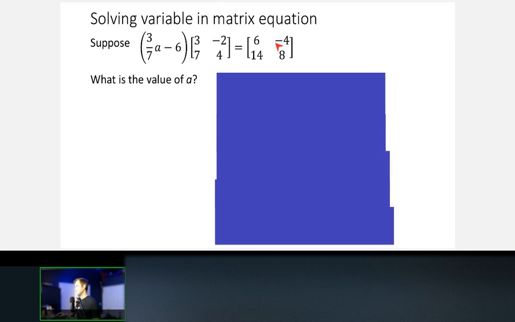This is just double. So our goal really is to make these matrices the same if possible. So how can I make the second matrix identical to this first matrix? What can I do to this second matrix?